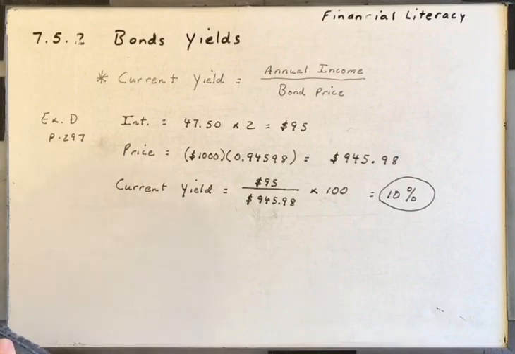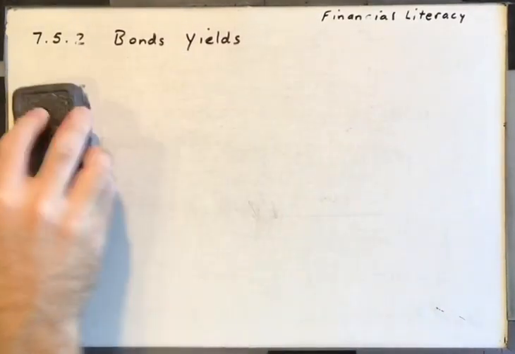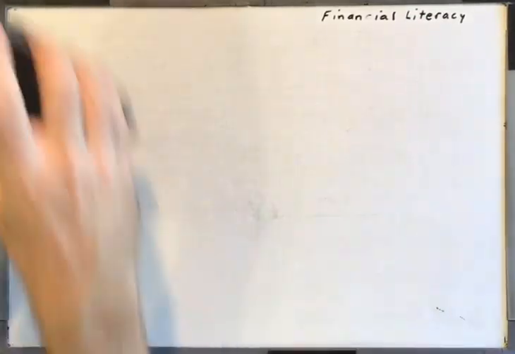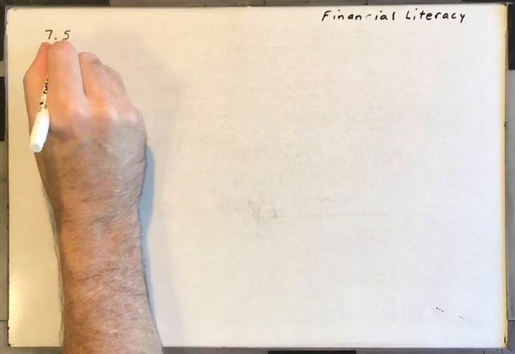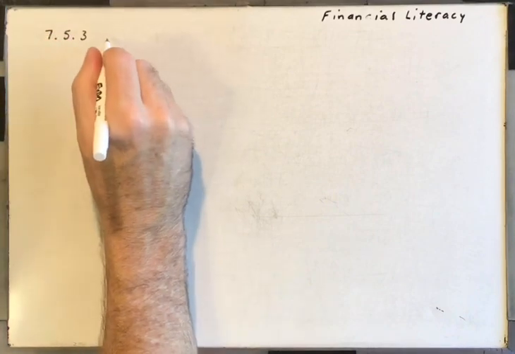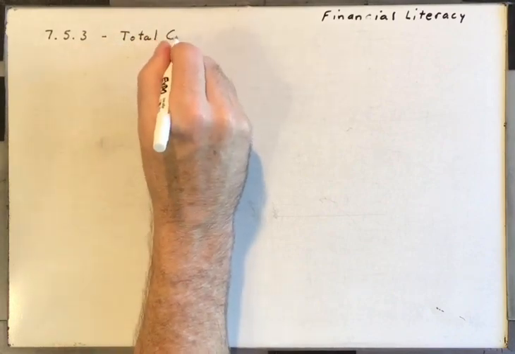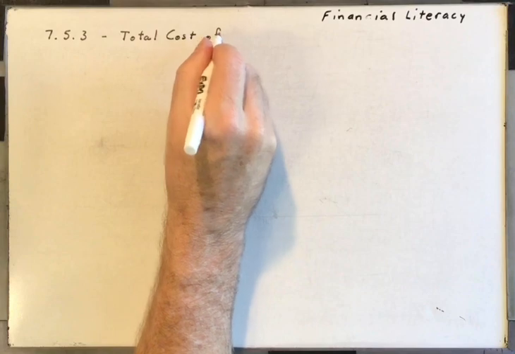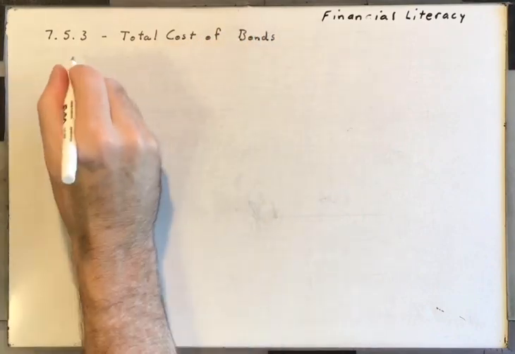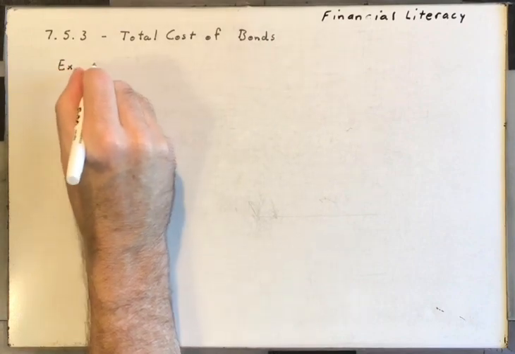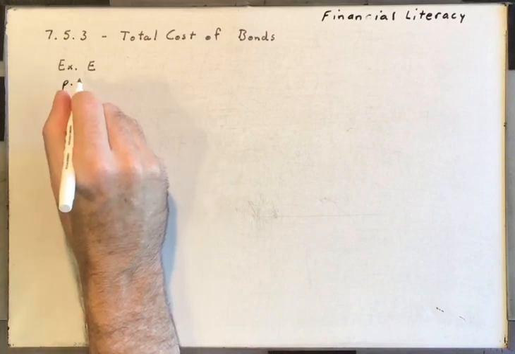All right, two more problems and we're done with this lecture. Section 7.5.3 is called total cost of bonds. So example E on page 297.